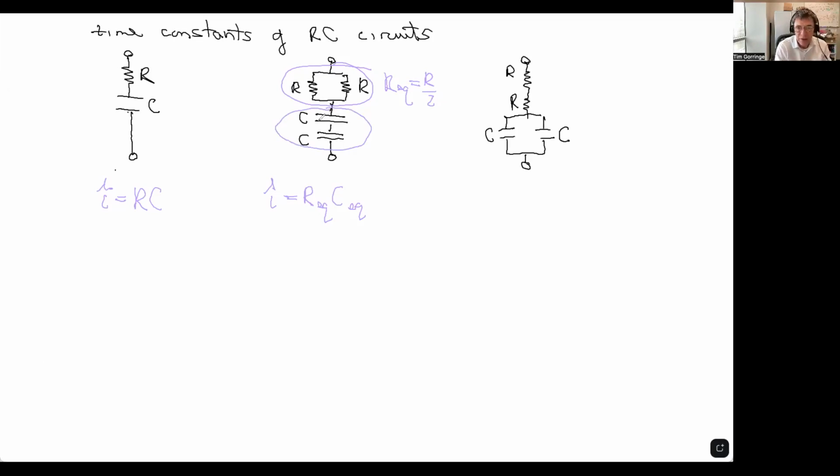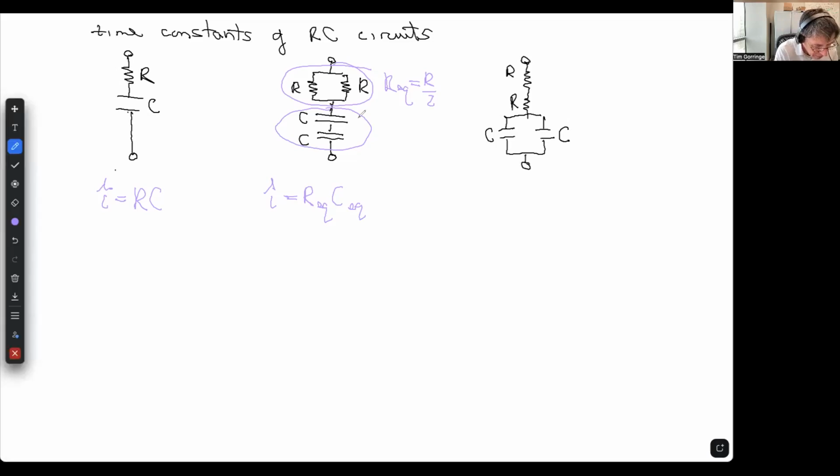For two capacitors in series, we make a smaller capacitance. It's harder to store the charge on this arrangement of capacitors. The rule for combining two capacitors in series actually resembles the rule for combining two resistors in parallel, is that the inverse of the equivalent capacitance is the sum of the inverses of the individual capacitors.